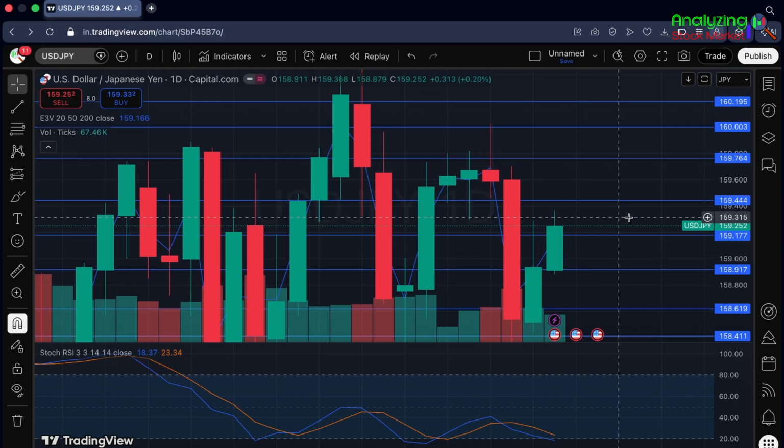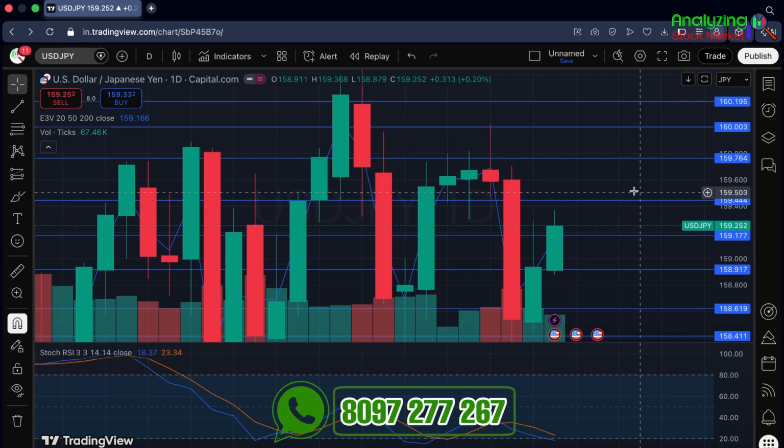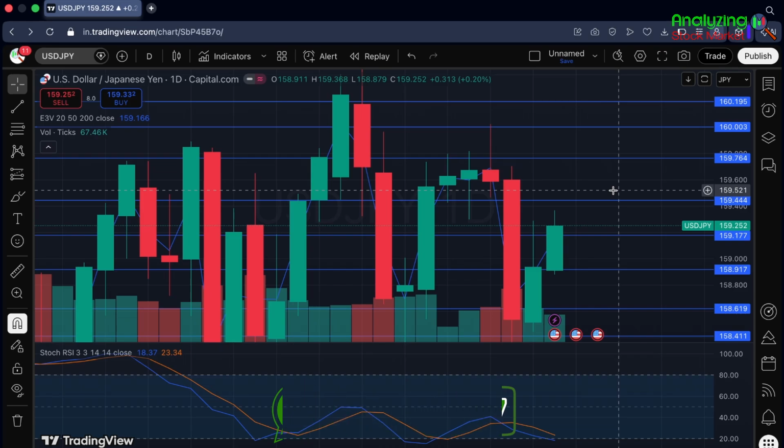So now let's talk about my opinion on the USD JPY pair for this week. According to previous week momentum, I'm expecting a slight positive momentum in this range, which is 159.444 to 159.764. I'm expecting a positive closing in this range. But remember, if we see a price drop or if you're going for any short trade, then only go for a short trade once 159.177 gets breached and a 4-hour or one-day candle closes below this, and you can go for a short till 158.917.